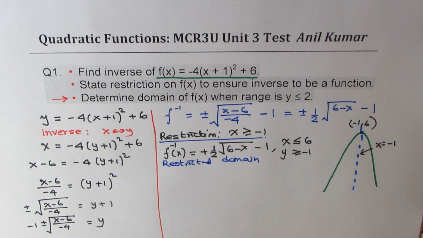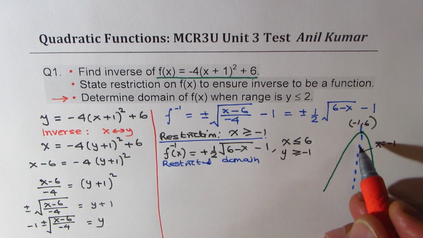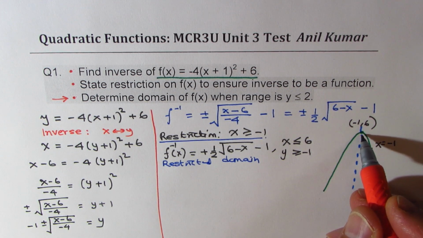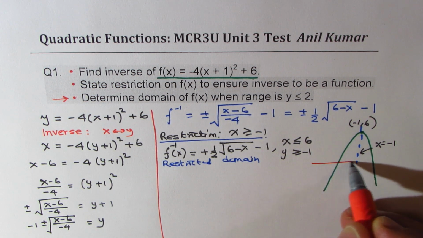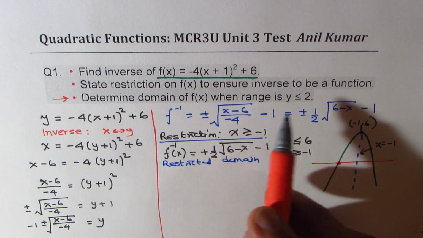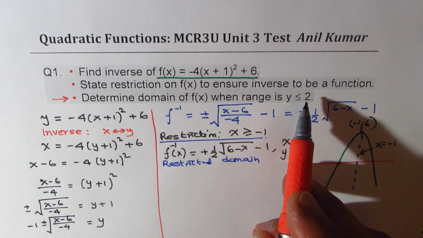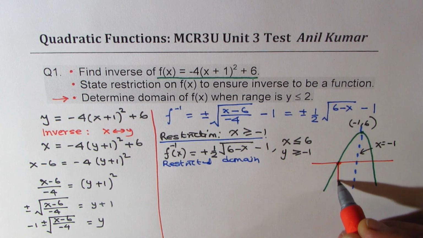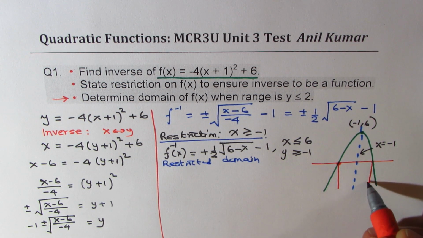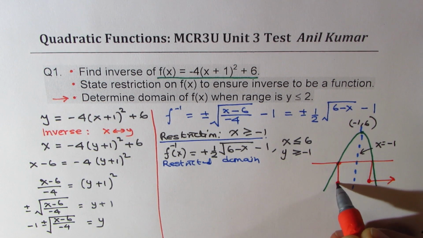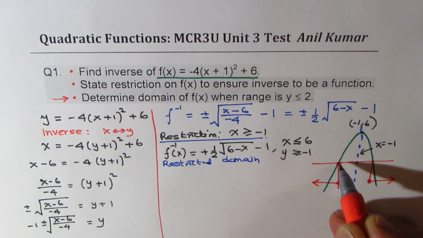What does that mean? Now that really means that this function's vertex maximum is at 6. We want to restrict where the range is below 2. So basically we need to find what are these x values. And therefore, the range is either side of these values where the function is 2.